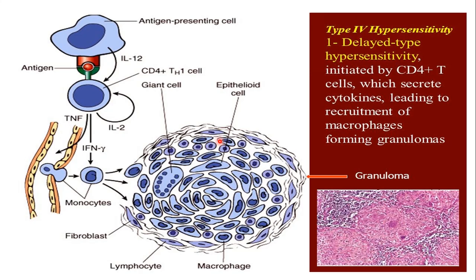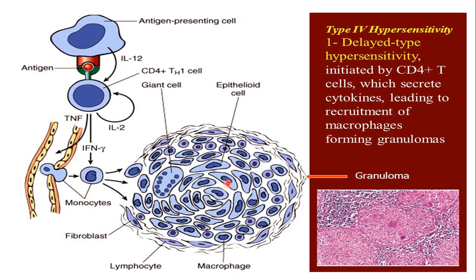However, sometimes the offending agents are not removed and they persist despite the inflammatory process. This is usually the case with chronic granulomatous infections, for example, TB, sarcoidosis, and some fungal infections. The consistent activation of the macrophages by interferon gamma causes the macrophages to transform into epithelioid cells.